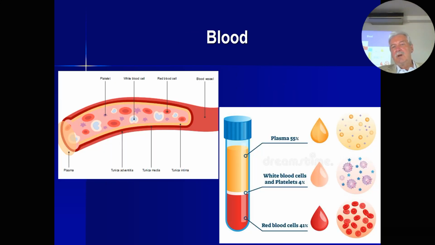So if we consider blood, we know there are major components. The most important is plasma. Plasma is the carrier liquid. And the majority of plasma, more than 90%, is water. And the rest is some ions, some nutrients, and a few components not important from a flow point of view.